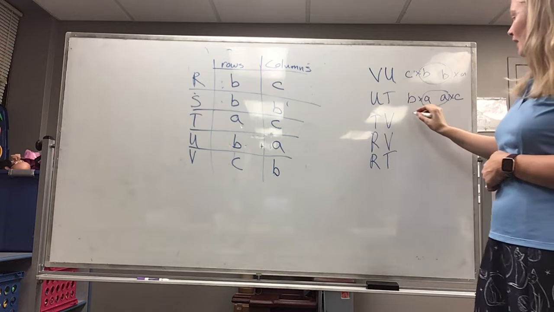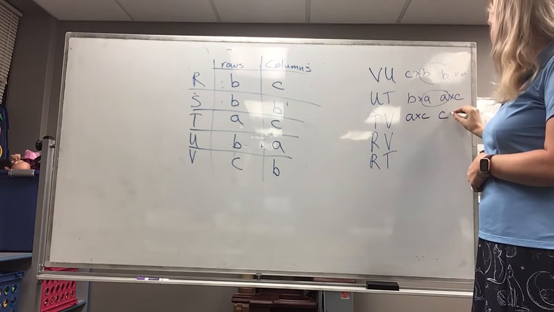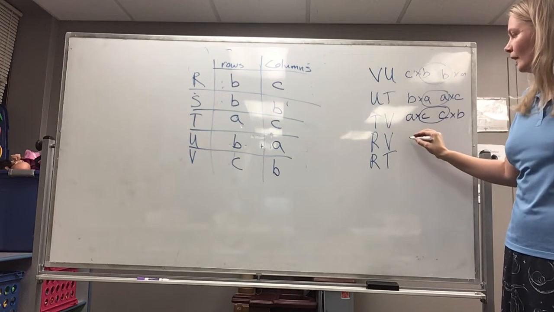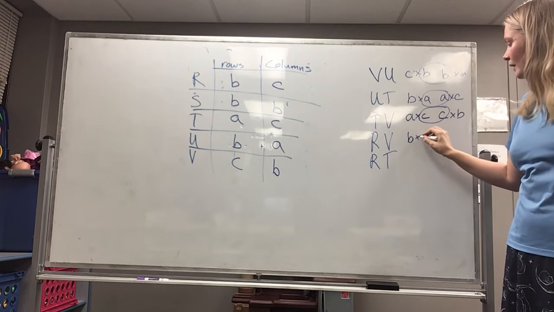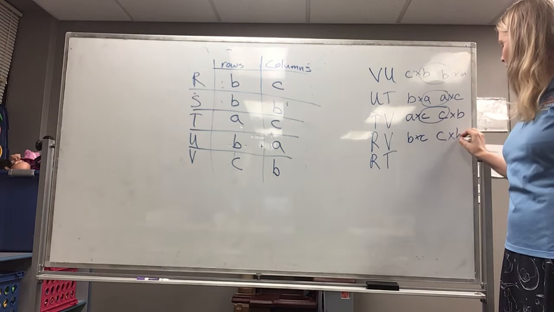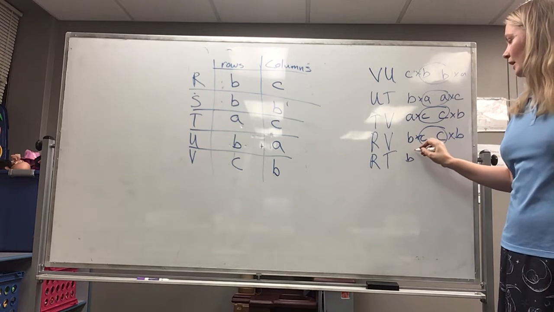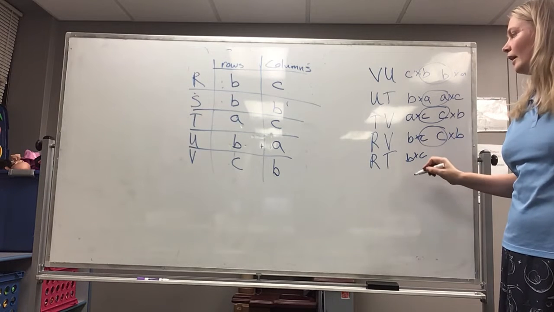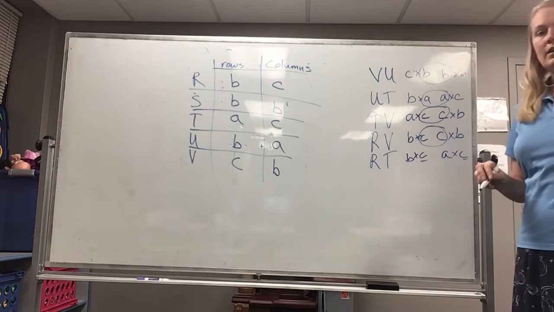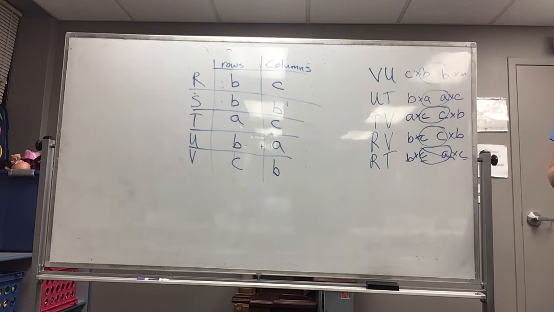For T, we have A by C, V is C by B, possible. R is B by C, V is C by B, possible. Last one, we have B by C, and T is A by C. Even though they both have the C, because it's not in the middle, not possible.